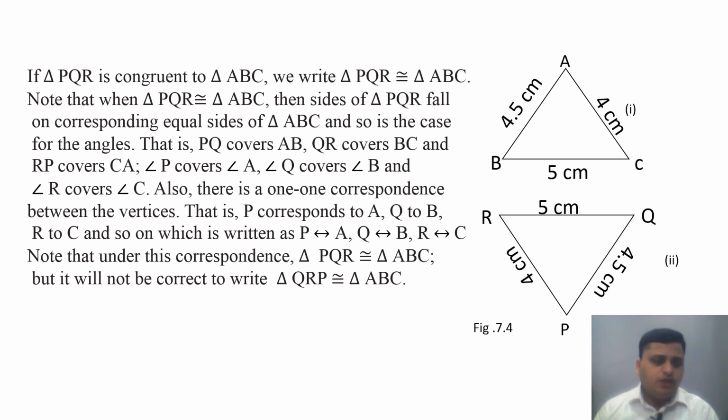But it will not be correct to write triangle QRP congruent to triangle ABC. Be careful. Till this it is clear to all of you?